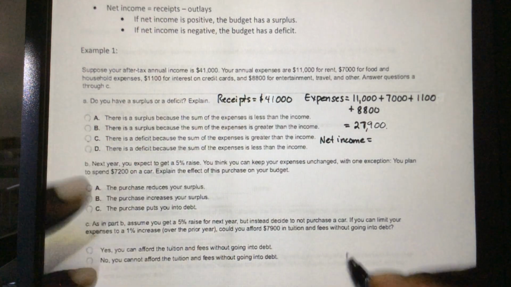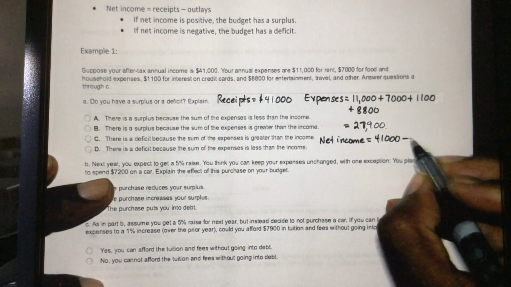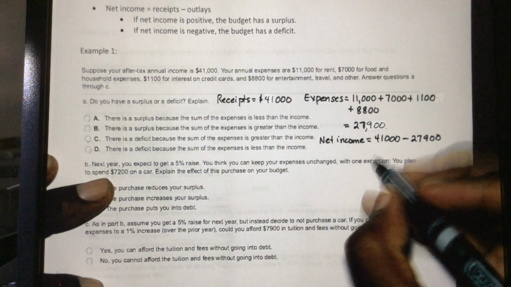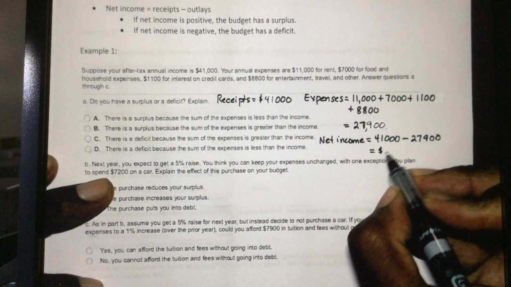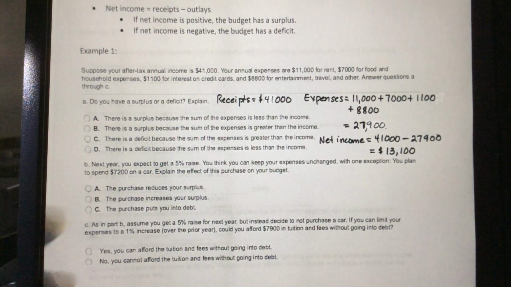So your receipts are $41,000 minus the outlays or expenses of $27,900, and we'll end up with $13,100. So here we came up with a positive amount, so that means that there is a surplus.